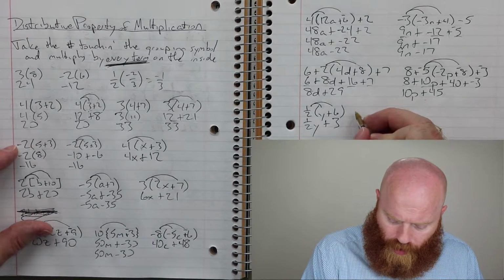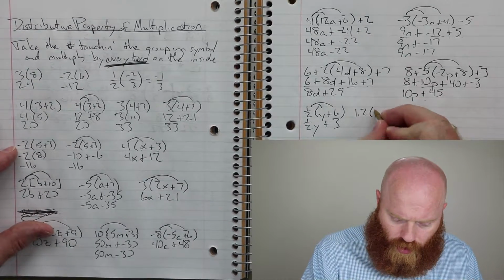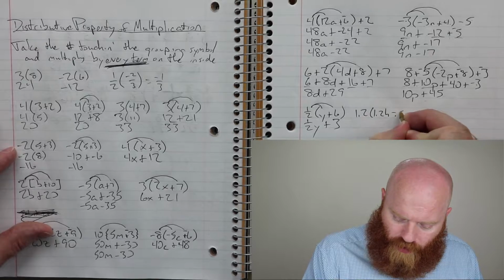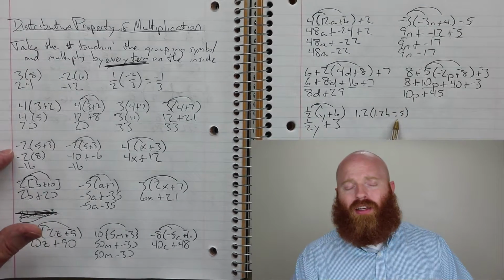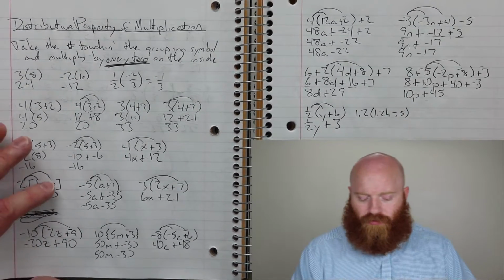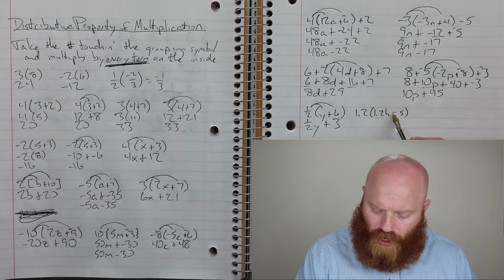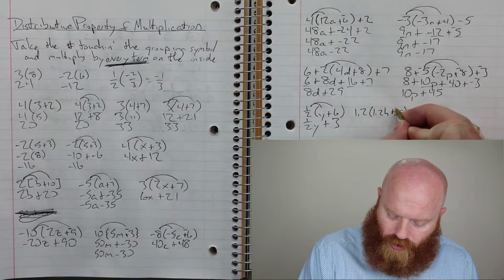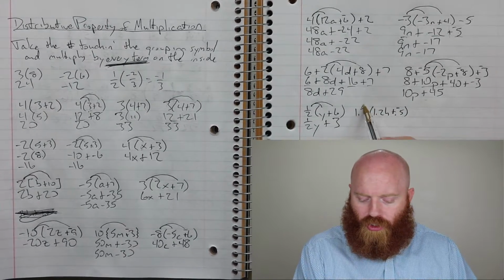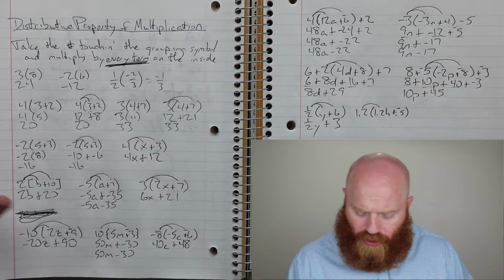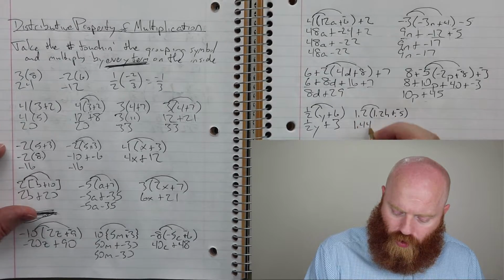What about decimals? How about 1.2 times the quantity 1.2h minus 0.5? Get decimals. 2 pen strokes, that's the first thing I'm going to do. 2 pen strokes right here. I don't want to botch this. Okay, 1.2 times 1.2h. Put that in your calculator and you get 1.44h.